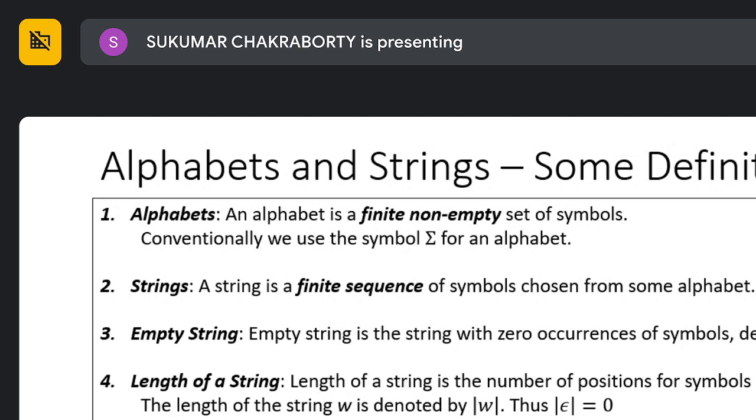So 0 0 0, 0 0 1, 0 1 0, all possible strings of length 3 containing zeros and ones. So the number of entries is 2 cube because your number of symbols is 2. If your number of symbols is n, then the cardinality of sigma cube is n cube, like your power set.